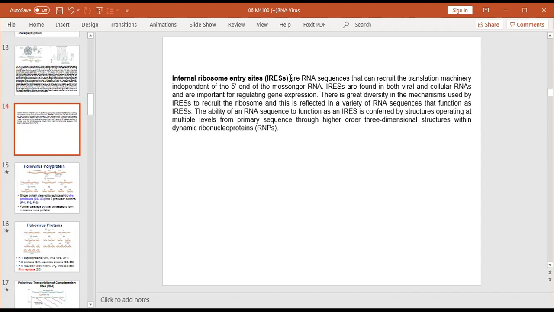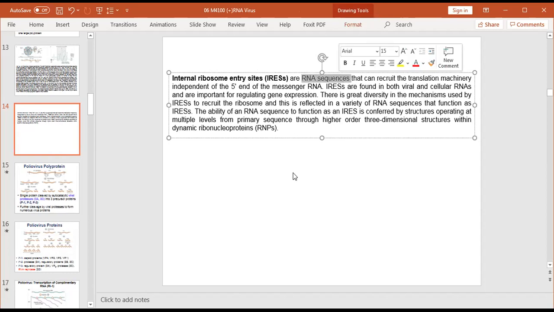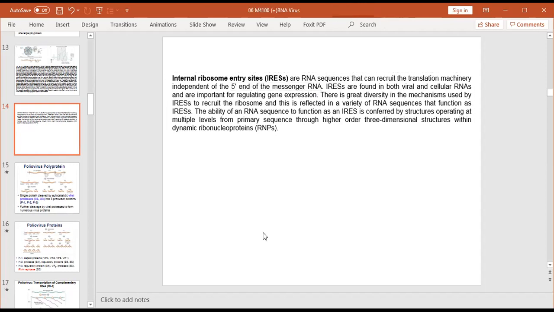But anyways, internal ribosome entry sites are those sequences within the RNA that can recruit the translation machinery of the host cell. This translation machinery is the ribosome. And this process of recruitment is independent of the 5' end of the messenger RNA.